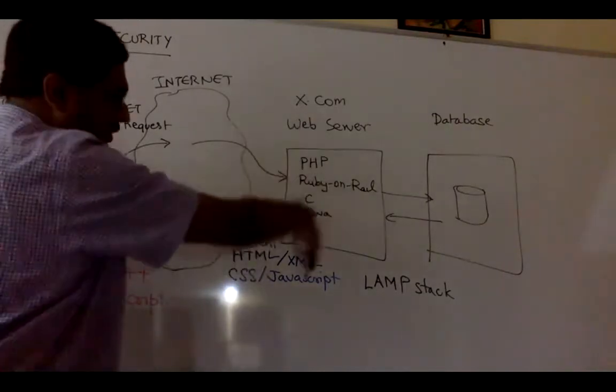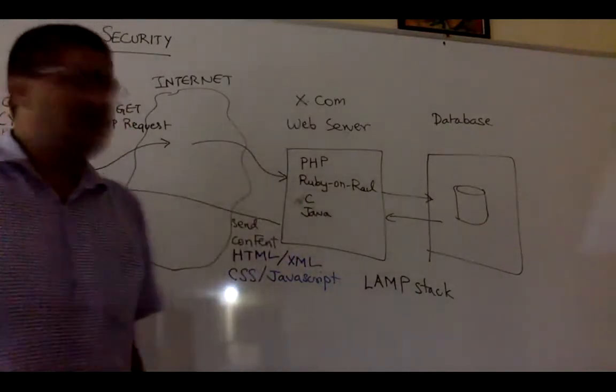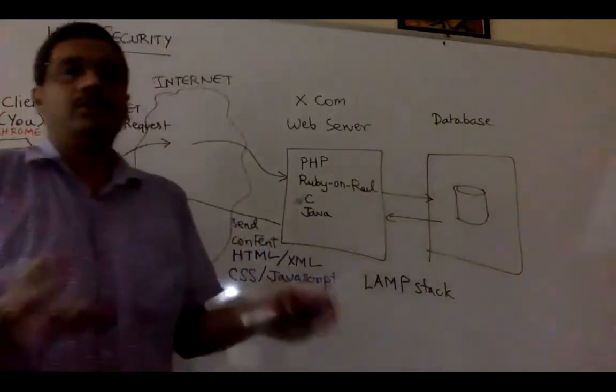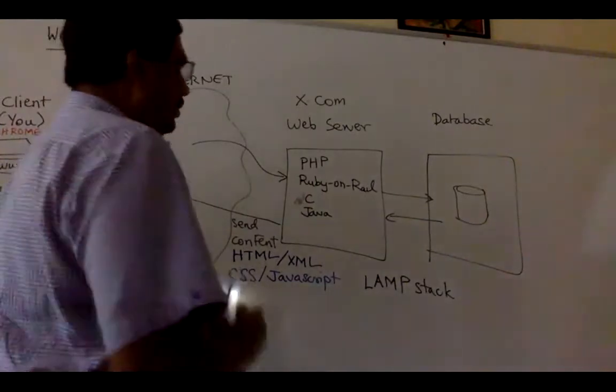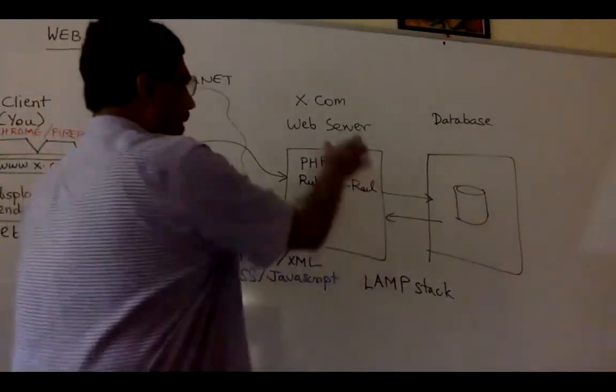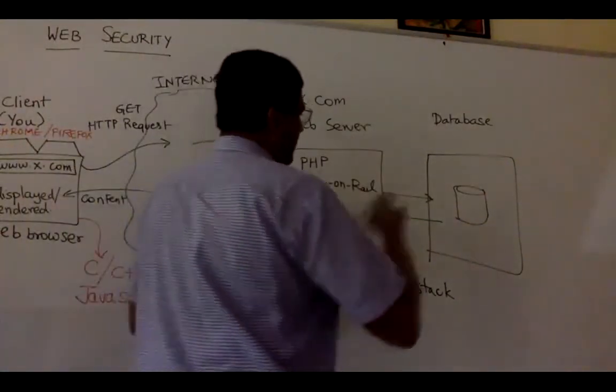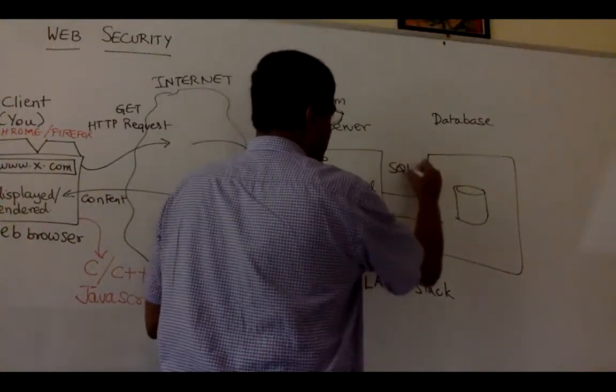And the shopping cart application itself is probably going to be implemented inside this, but the database is going to tell you what products are on sale, what is the price, and so on. Okay, and generally speaking, the web server and the database interact via an SQL interface.